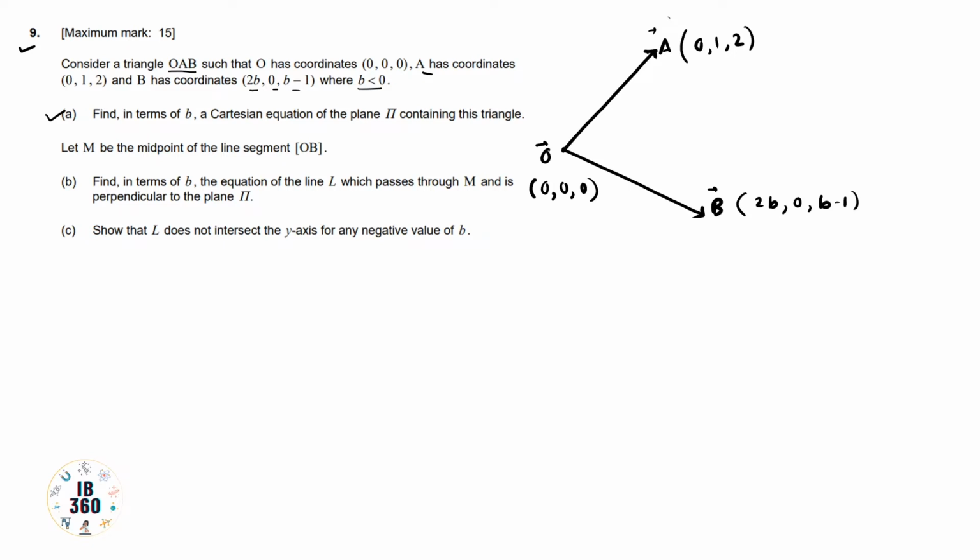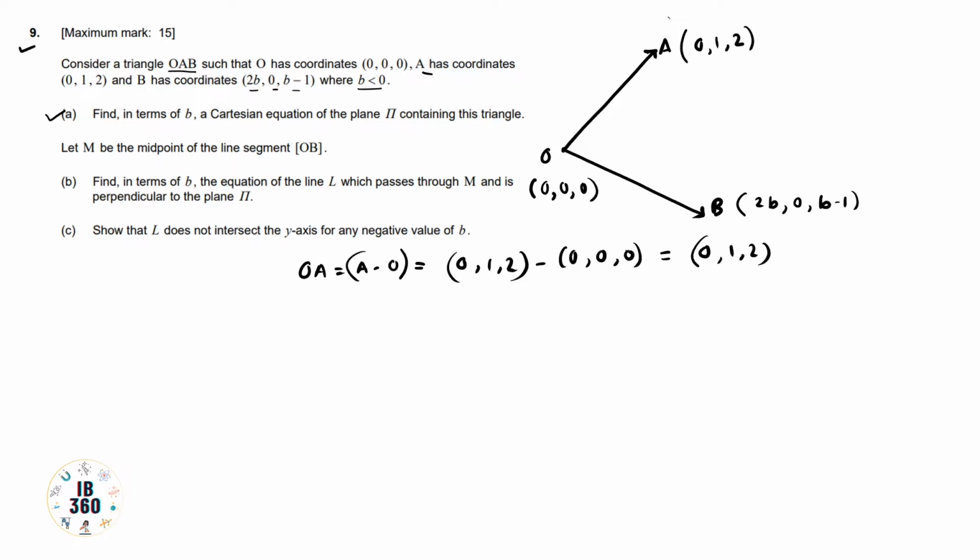So basically, to do this problem, we need to first calculate the distances. OA is nothing but A minus O, which is (0, 1, 2) minus (0, 0, 0), so ultimately it comes out to be (0, 1, 2).